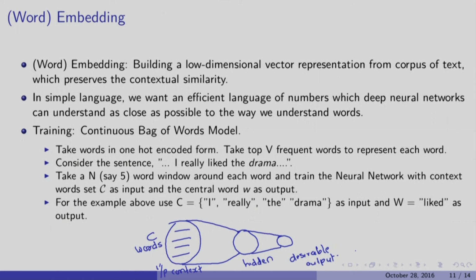So for example, your C could be "I really the drama", and the output that is desired is "liked".